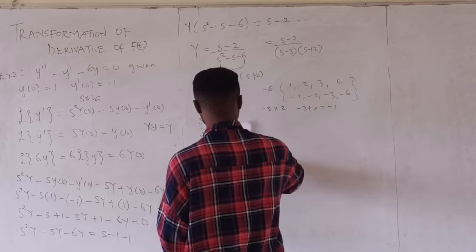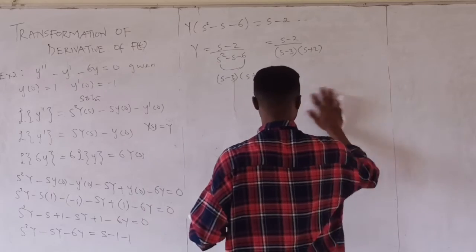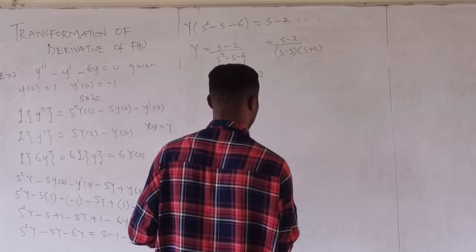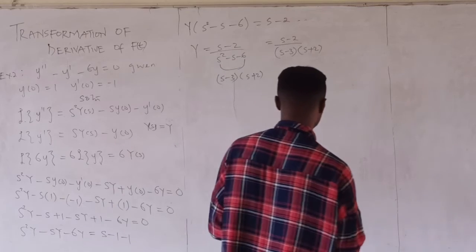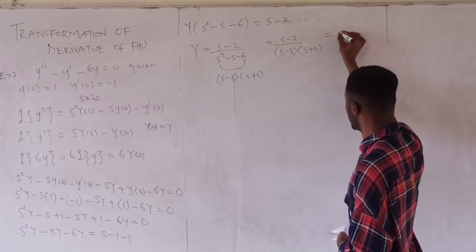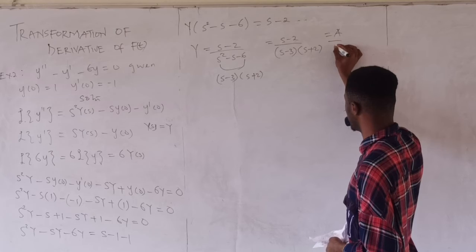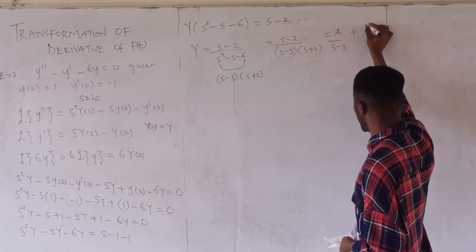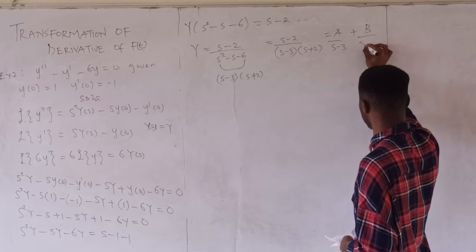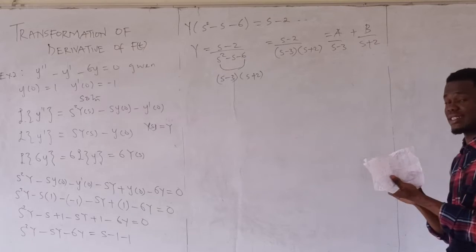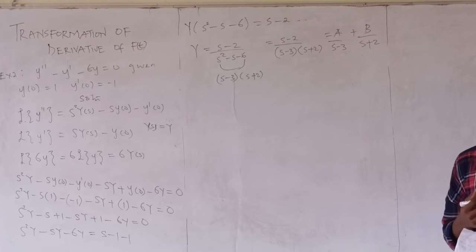So now let's continue. Since you have arrived at that function now, what you are going to do as usual is to equate this to A over the first denominator, which is s minus 3, plus B over the second one, which is s plus 2, as your partial fraction, right?